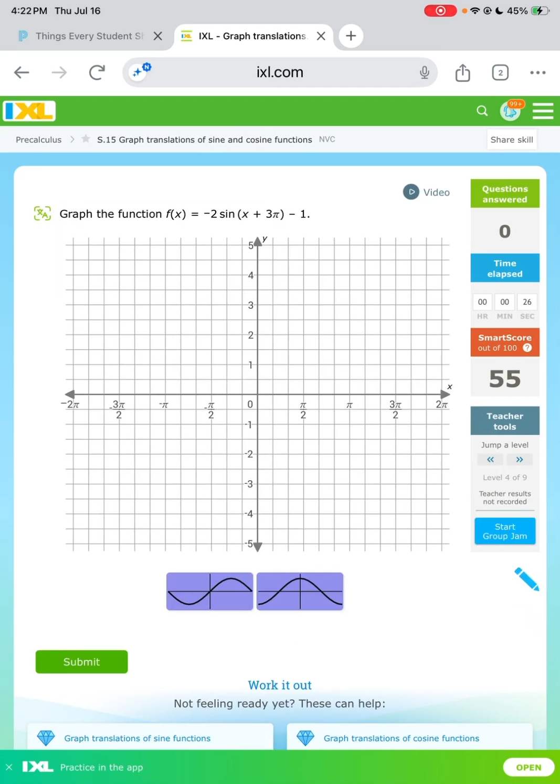Okay, this next one's a little tricky, and I'll show you why in just a second. But it is a sine graph, so let's go back to our sine of 0, 0. This one has been stretched times 2 and flipped. So what used to be up here at 1, I'm going to pull down here to -2.